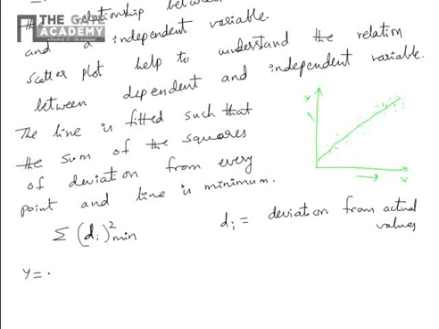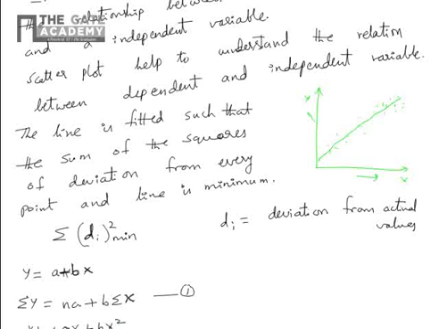So suppose, for example, y equal to a plus bx, one simple line which is passing from a constant value. For this, first you have to find the normal equation: sigma y equal to na plus b sigma x. N is nothing but the number of observations which we are using. So multiply x on both sides.